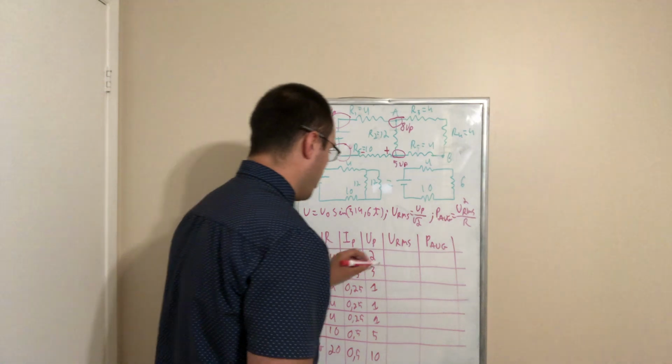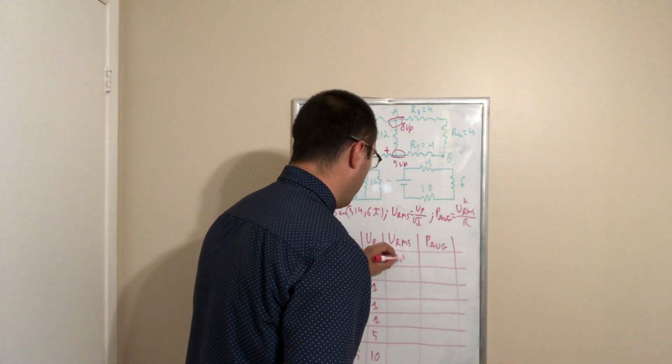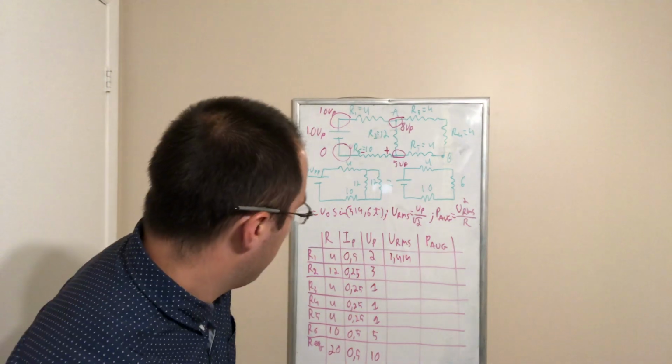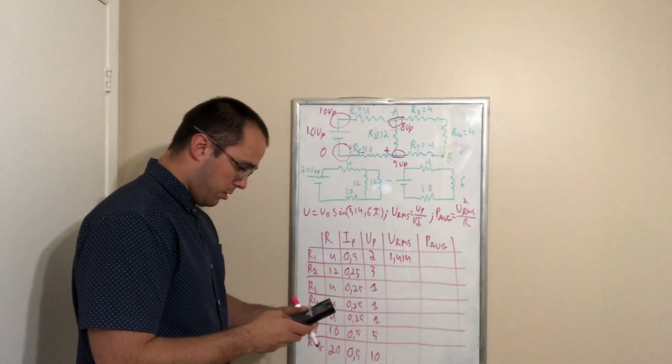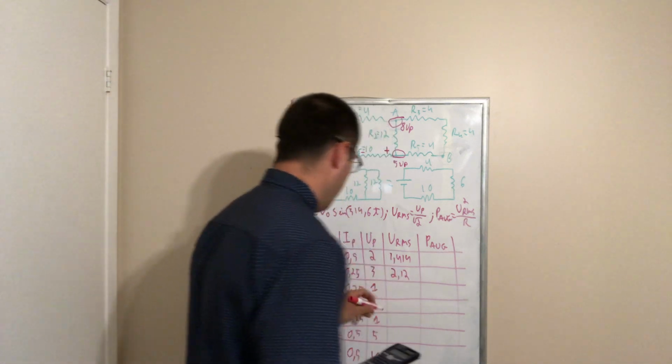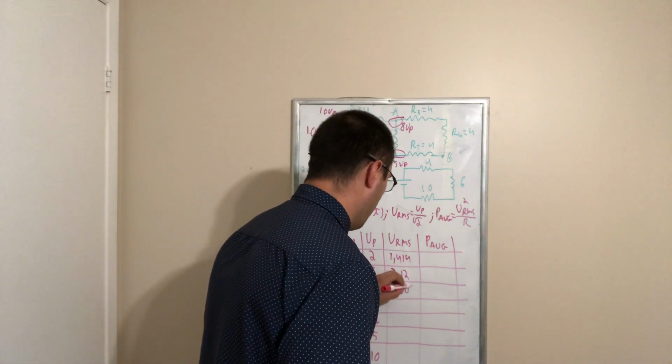So that means for our first resistance, it's 1.414, just to be precise. For the second one, it's 2.12. First one, 0.707.